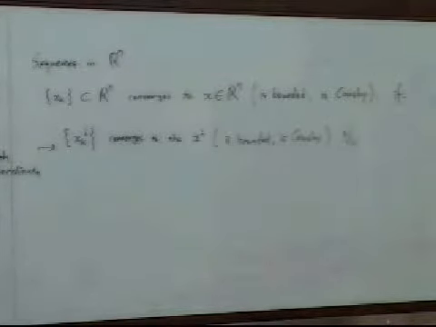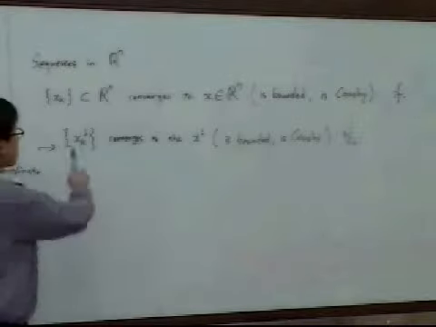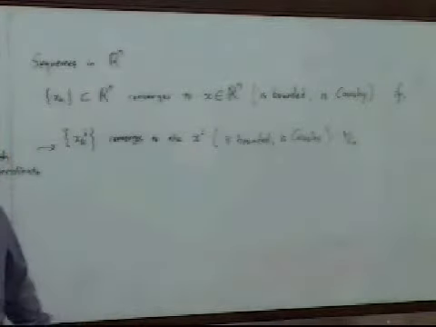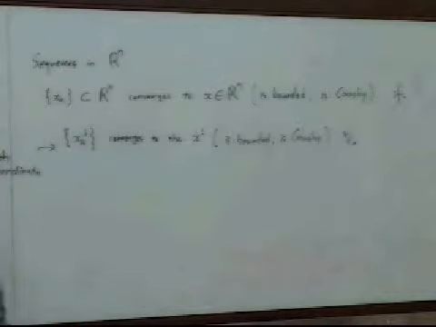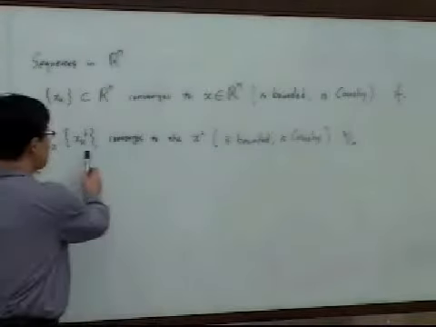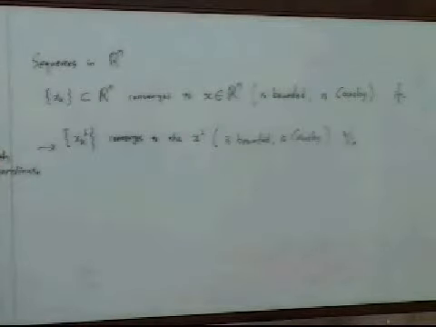Since we are now dealing with n-dimensional numbers, for example, if n is equal to 3, x, y, z, then a sequence, a point inside of this space, converges to a single point in space when every coordinate converges to that coordinate of that point. Okay?